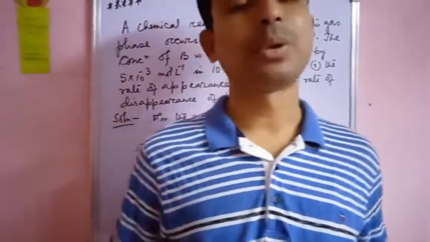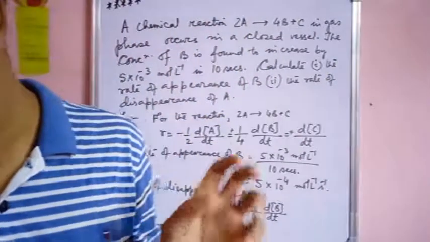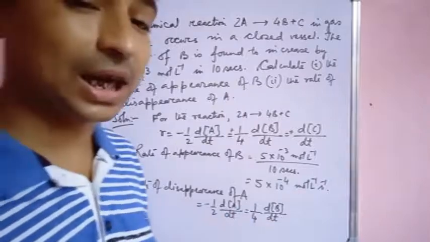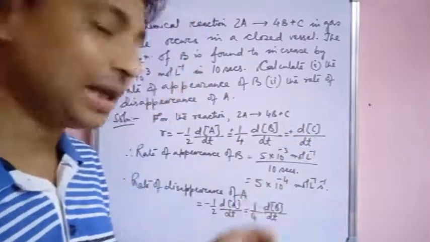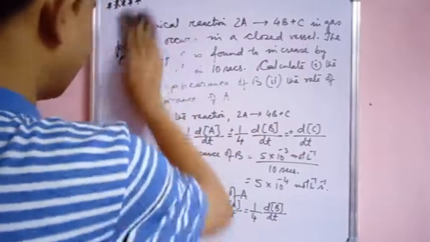So it is not at all possible for anything which travels with a negative rate. So up to the differential rate equation we will put the sign. After that, after calculation, we will not put the sign because rate cannot be negative. So what is coming?